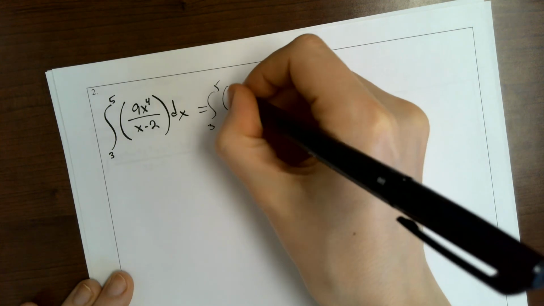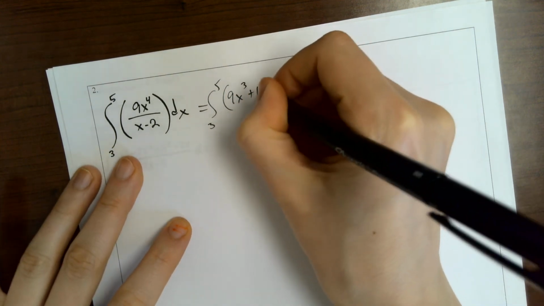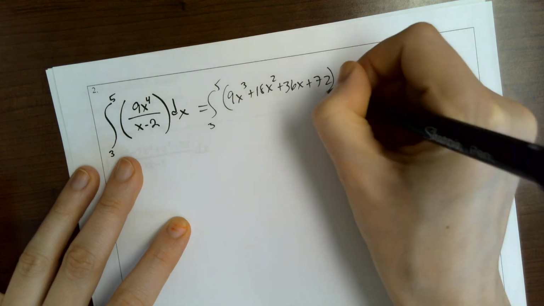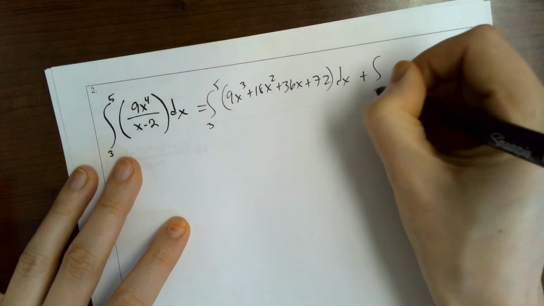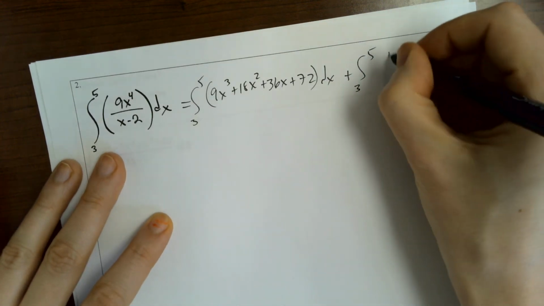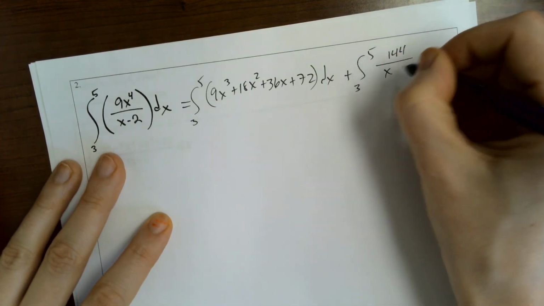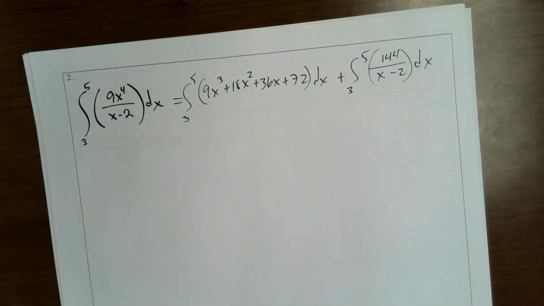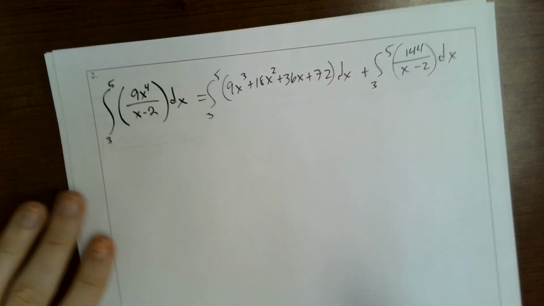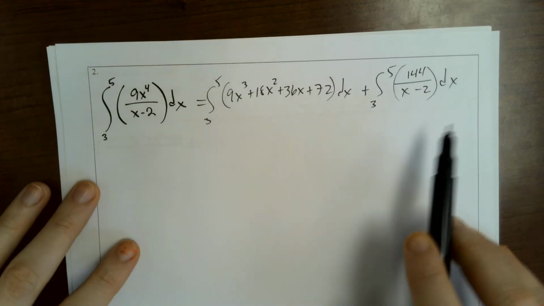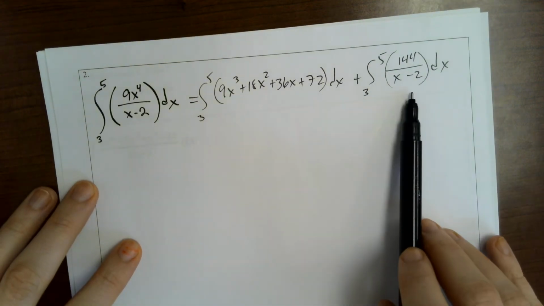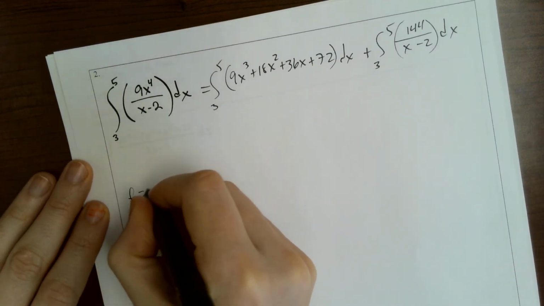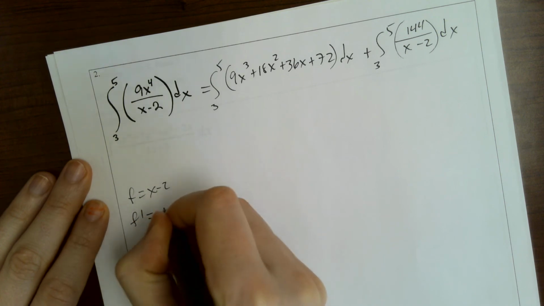Okay, so 9x to the third plus 18x squared plus x plus 72 plus 144 over x minus 2. Okay, first let me rewrite this one. So f prime over f. So f is x minus 2, f prime is 1.